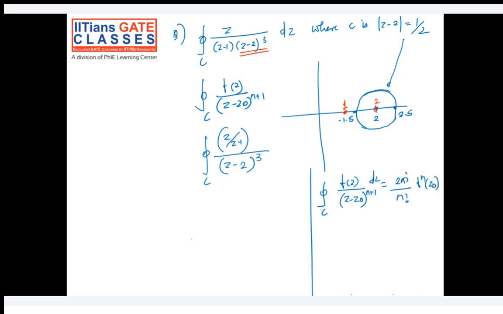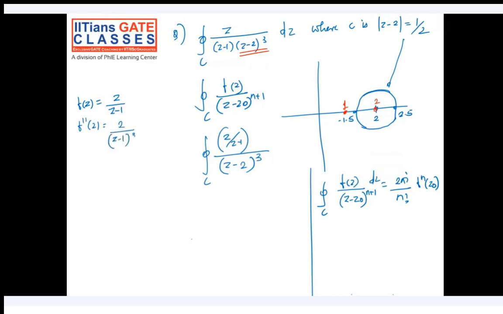Okay, so f of z is equal to z divided by z minus 1, right? So the double derivative of f of z is 2 divided by z minus 1 whole cube.